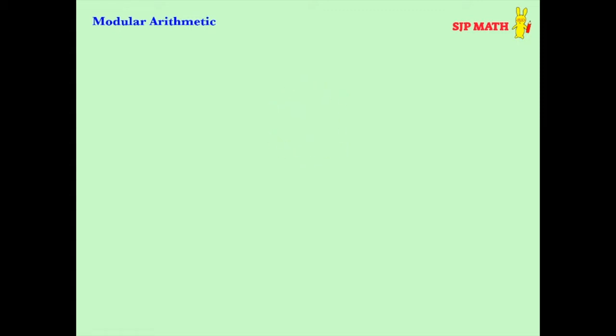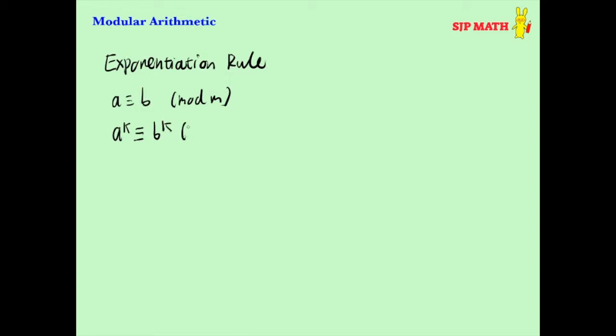And we're going to learn the last rule that we're going to discuss in our introduction, which is the exponentiation rule. Hard to pronounce. So, if some integer A is congruent to some integer B mod M, then A to the K is congruent to B to the K mod M, where K is any non-negative integer.